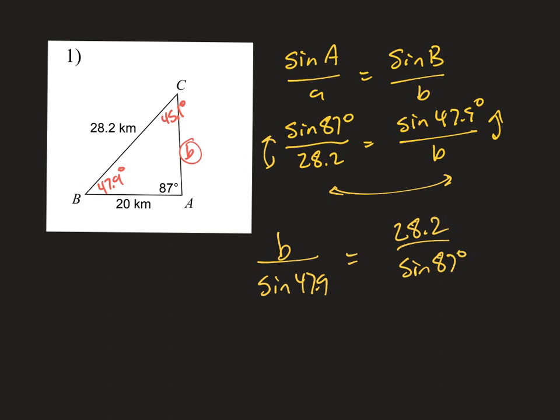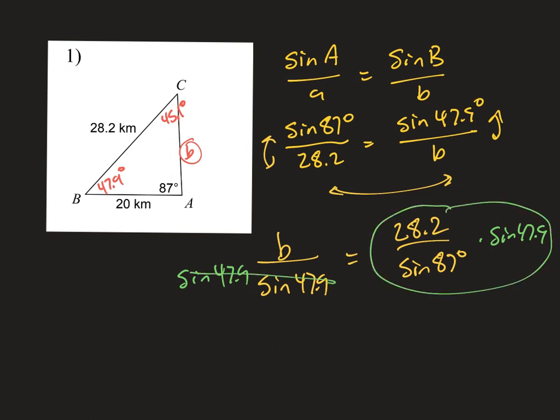And I multiply both sides by that sine value. And again, we'll do this whole calculation on the calculator. These cancel out.